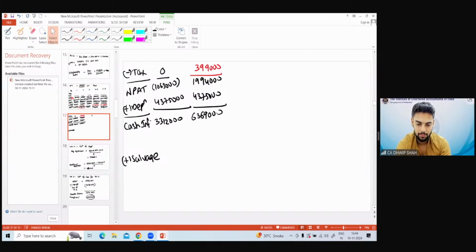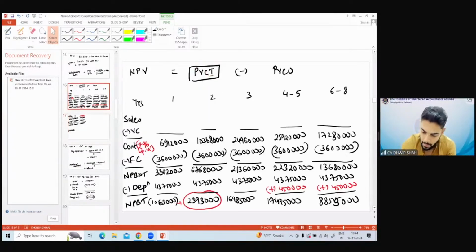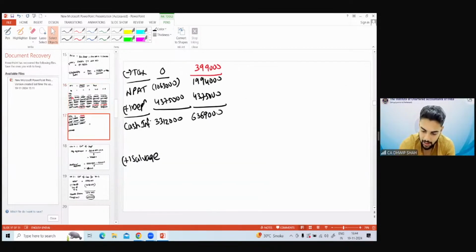169,85,000 less 30% tax, which will generate an after tax NPAT of 118,89,500. And I will add 4375 as a depreciation. So my cash inflows for year 3 would be 162,64,500.